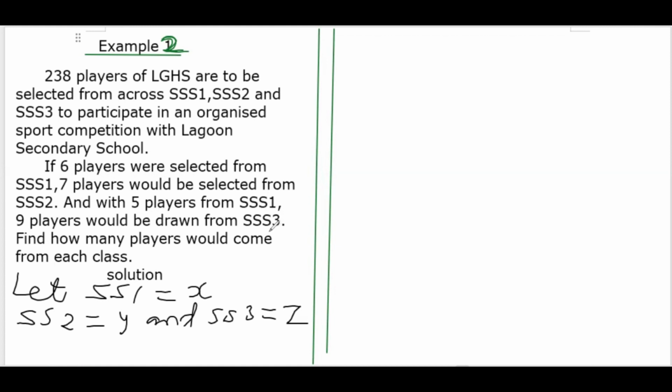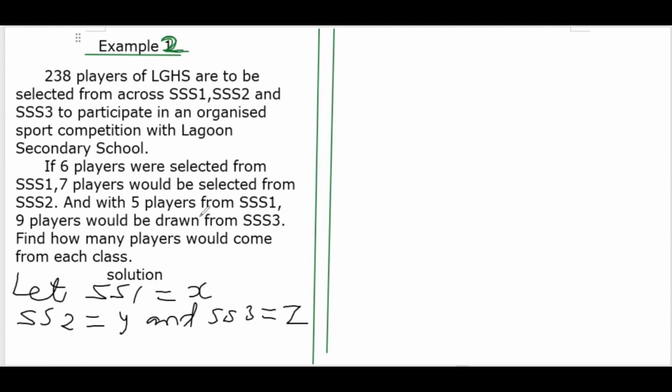So we can see that if we want to standardize the ratio, the common one is SS1, because they mention SS1 in both statements, meaning that SS1 is the standard, the middle ratio.